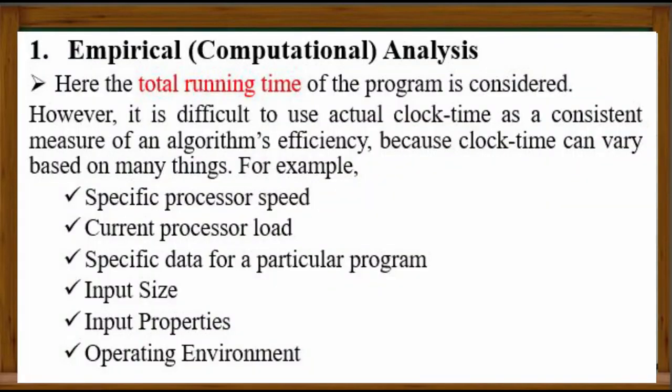This is because clock time can vary based on many things in your hardware, like the specific processor speed of your machine or computer or any electronic device, the current processor load, the specific data for the particular program, the input size and input properties of your problem, and the operating environment of your machine.